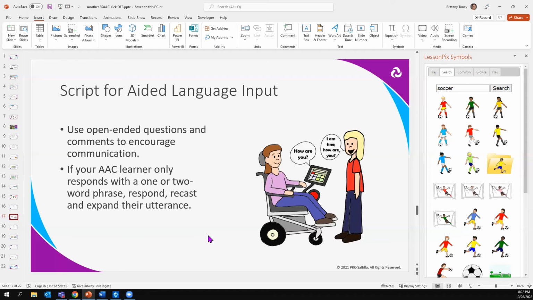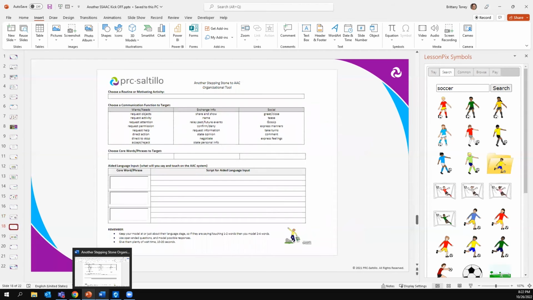And then you could say something like, you're right, he is kicking the ball. He is kicking. And you can kind of exaggerate that a little bit. So you're kind of recasting and then expanding on what they said. Okay, so let's go back to our tool here and we're going to fill this in.